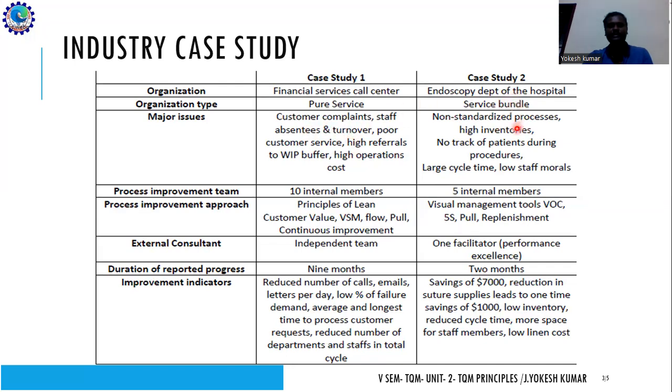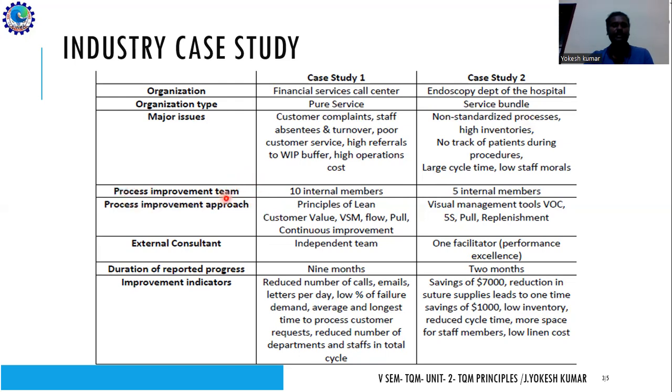In the second case study, endoscopy is a non-standardized process because the process can vary from patient to patient. High inventory cost is required to set up the endoscopy department, and there are no existing track records about the patients and their procedures. It takes a large cycle time, and there are low staff morale in the department.